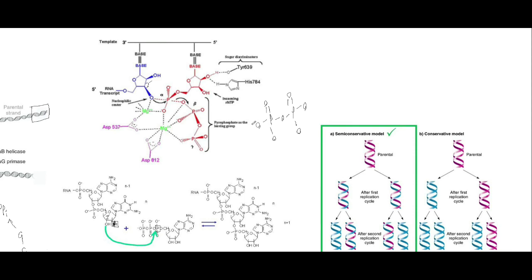We could put negative charges on here. We could put hydrogens. It's not that big of a deal either way, but this is pyrophosphate like this. And actually removing the pyrophosphate rather than just a single phosphate is more energetically favorable.